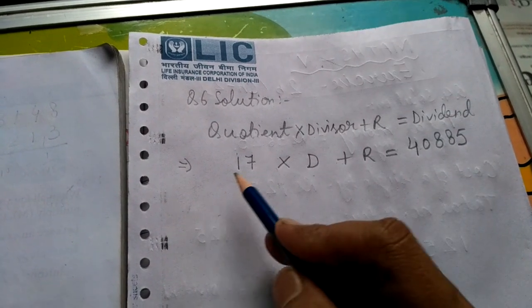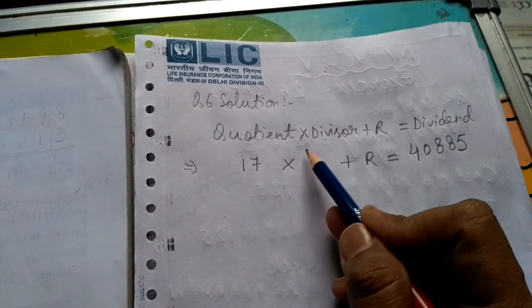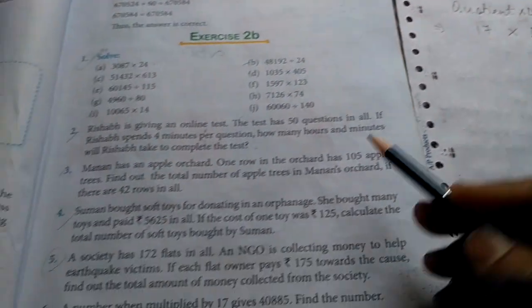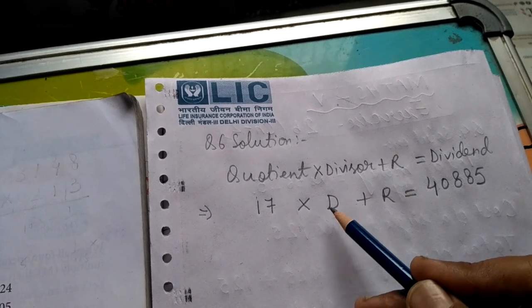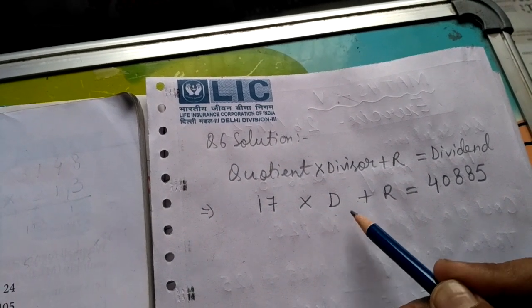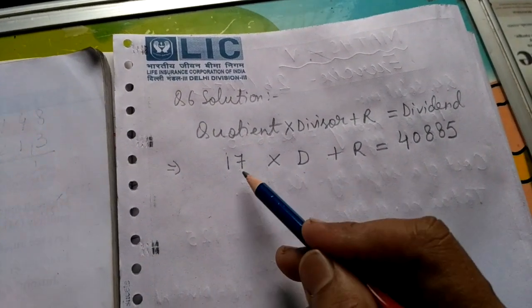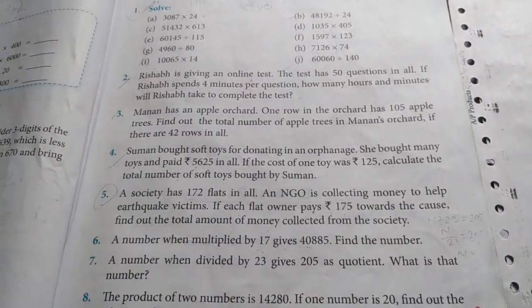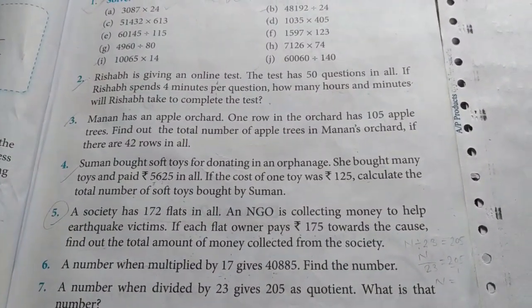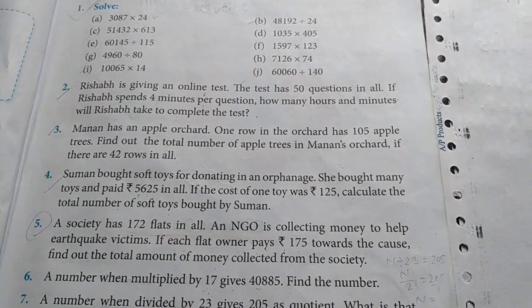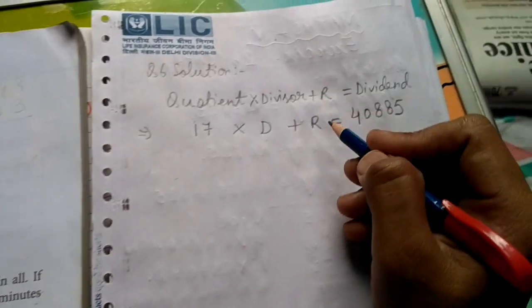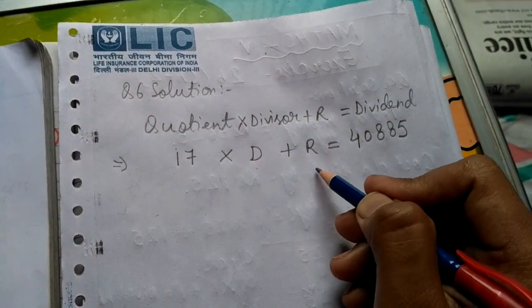A number is multiplied with 17. We have assumed 17 as the quotient, and let's suppose this is the divisor which we have to find out. The question is not saying that after multiplying with 17 that number leaves any remainder, so the remainder will be considered as 0 over here.